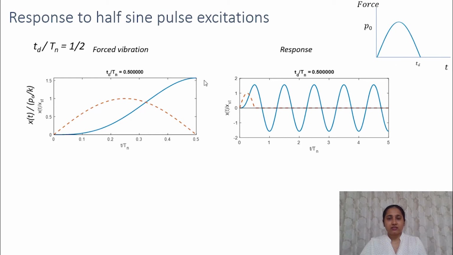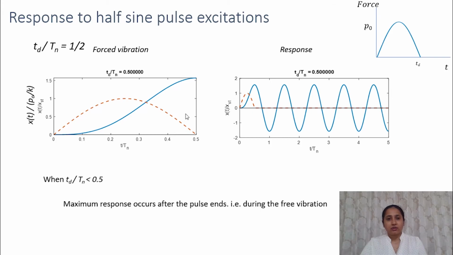After that, the free vibration starts. Here the velocity is 0, but the displacement is maximum. So the free vibration starts with the same amplitude and continues with the same amplitude.